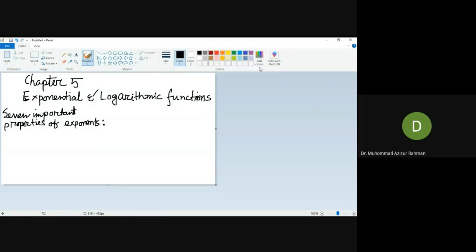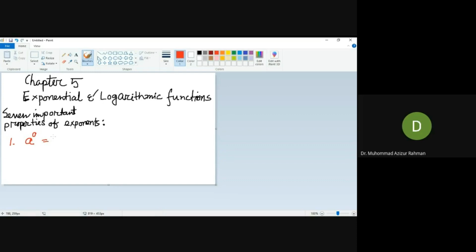So first one, very simple. If something to the power 0, anyone knows what this is? So 1. Anything to the power 0 is 1. This is the first property.